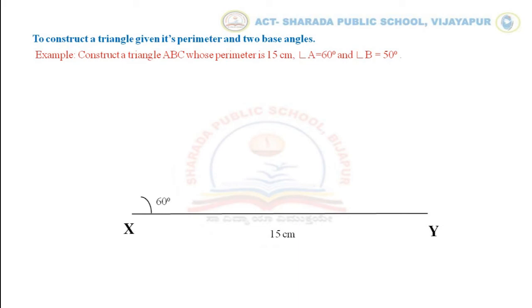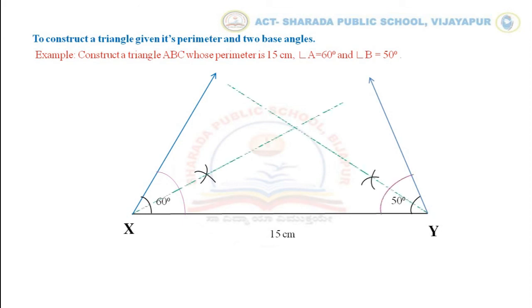Now measure the angle 60 degrees at the point X. Measure angle 50 degrees at the point Y and draw the angle bisectors of X and Y. And these angle bisectors meet at the point here, and this is the point C. Now draw the perpendicular bisectors of XC and YC.